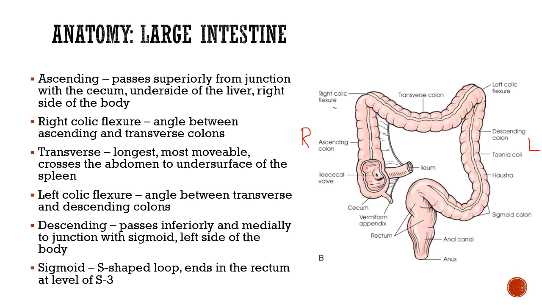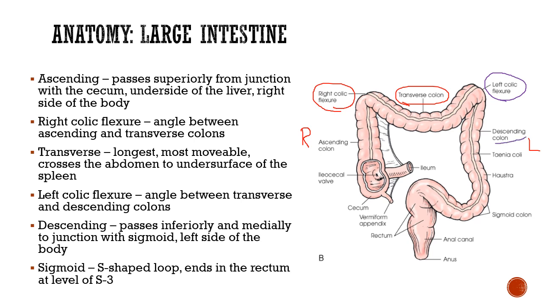So this is referred to as the right colic flexure. We have the transverse colon, which is going to be located between the two flexures. It's the longest, the most movable, and crosses the abdomen to the underside of the spleen. We also have the left colic flexure, which is on the left side. It's the angle between the transverse and the descending colons.